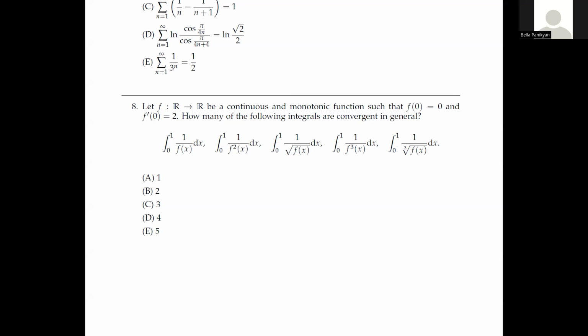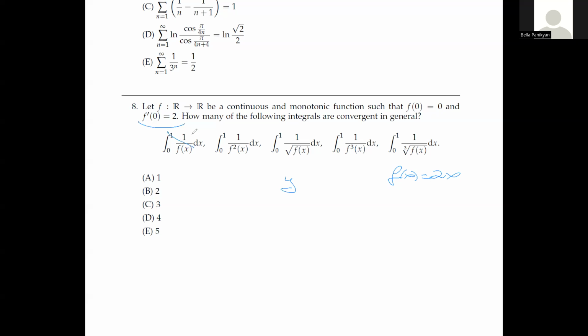If our function is y equals x, we can't use it, where this condition will not be satisfied. Say something else. f(x) can be 2x, where f(x) equals 2x, okay, the derivative at 0 is 2, fine, and f(0) equals 0. Okay, 1 over f, is it convergent? 1 over 2x, is it convergent?